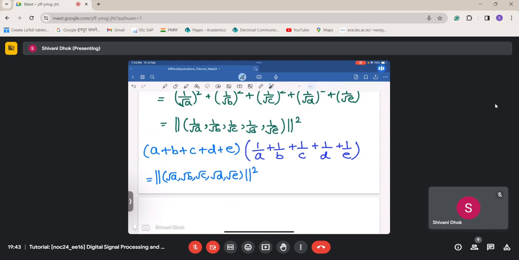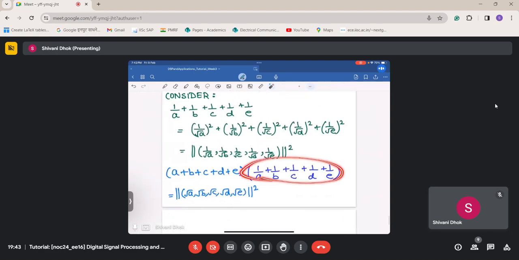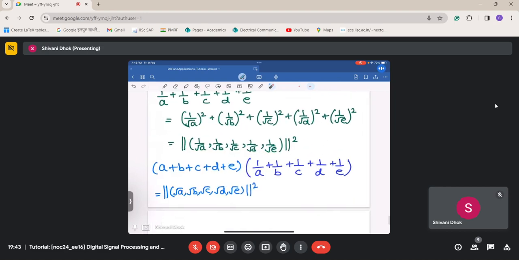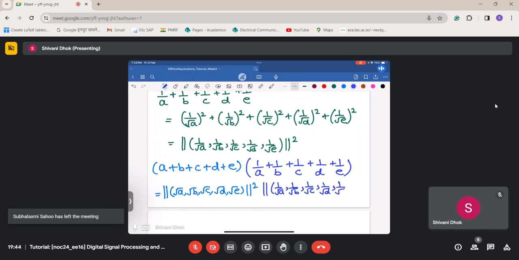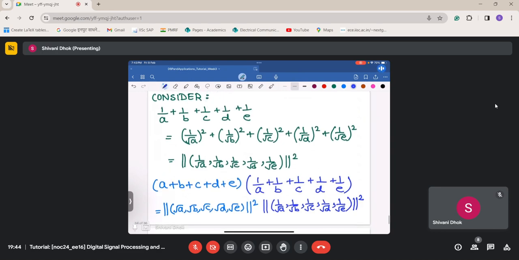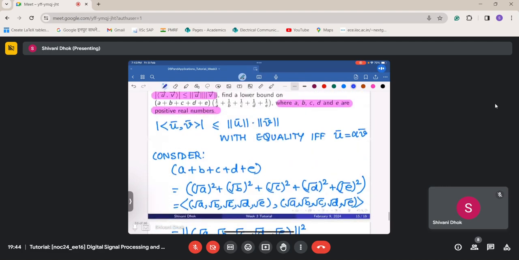And this quantity here is exactly equal to this quantity, so I can write this as the norm of 1 by root A, 1 by root B, 1 by root C, 1 by root D, 1 by root E, squared. Now let us look at the Cauchy-Schwarz inequality that we have.